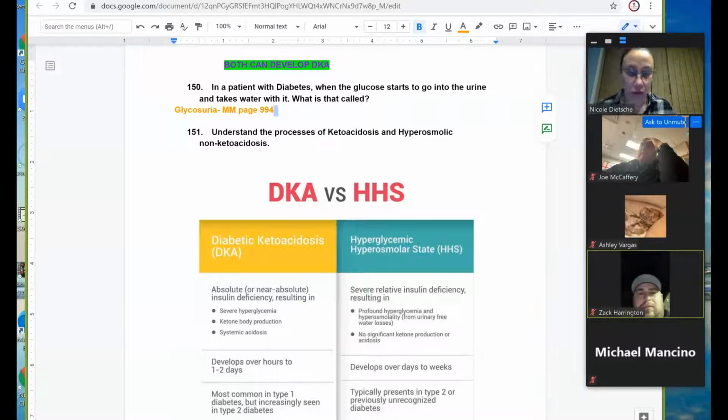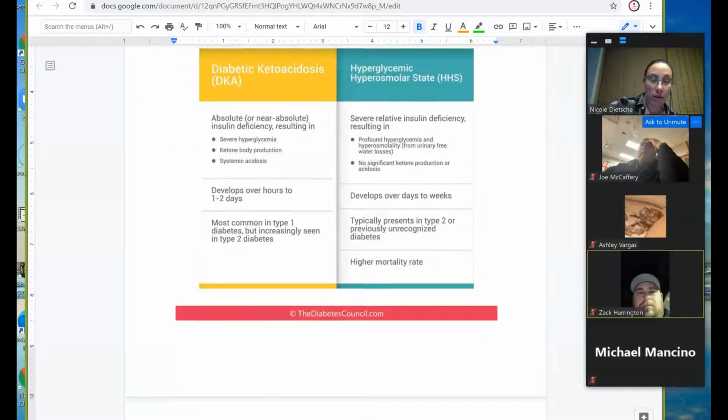Glycosuria is correct. I'm just going to add what it's actually on the test. Okay, good.